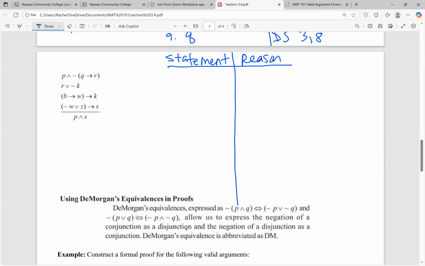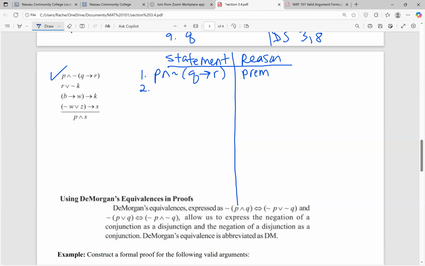So I think I'm going to start kind of how I did in the previous one. I like whenever I see a conjunction to start with that. Because we have P and not Q implies R, so that's a premise. I can say that the left and the right-hand side are also true, whether I use one or the other.